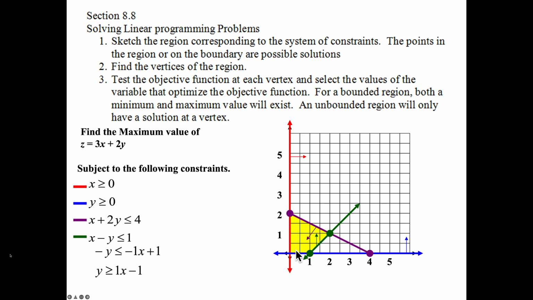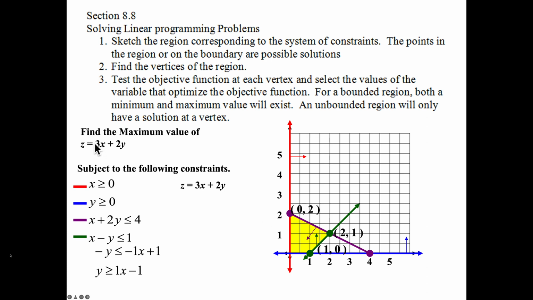All right, so now what we're going to do is we have to test the corners of our quadrilateral here that's shaded. And we are looking for a maximum value. So coordinates of this point, 0, 2. Coordinates of this point, 2, 1. Coordinates of this point, 1, 0.